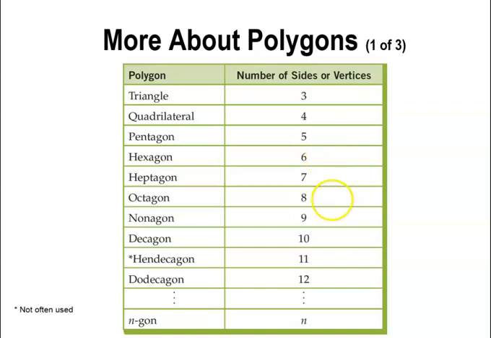Octagon is 8, like your classic stop sign. Nonagon is 9. Decagon is 10. Hendecagon is not something you hear very often. As a matter of fact, they have an asterisk there because it's not often used, but it is a thing. And dodecagon is 12. And there are names past the 12. And then an n-gon just means it has n vertices and n sides.